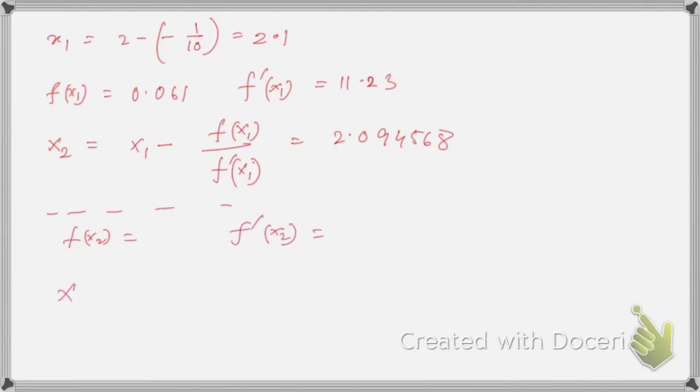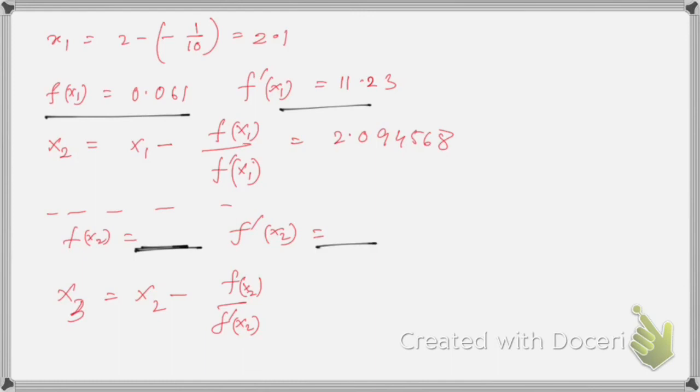Then x3 will be x2 minus f of x2 by f dash of x2. If you put those two values here, you will get something like 2.9455. Here you see these two values are very close to each other.